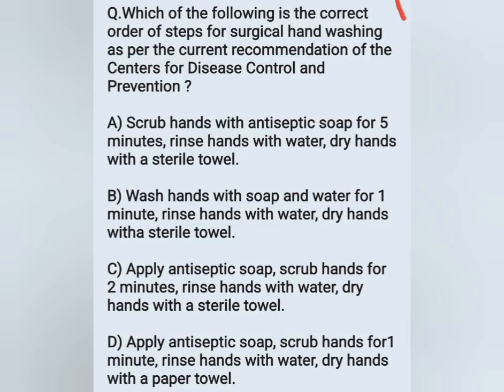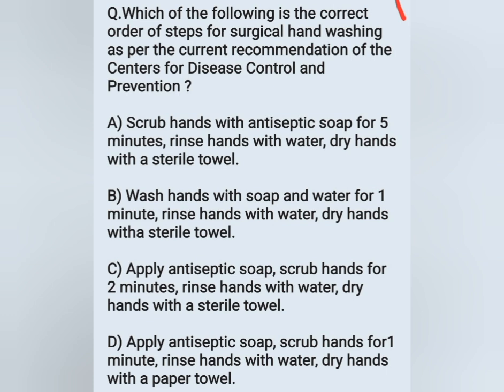And the next question is, which of the following is a correct order of steps for surgical hand washing as per the current recommendation of the Centers for Disease Control and Prevention? Our options: Option A, scrub hands with antiseptic soap for 5 minutes, rinse hands with water, dry hands with a sterile towel.